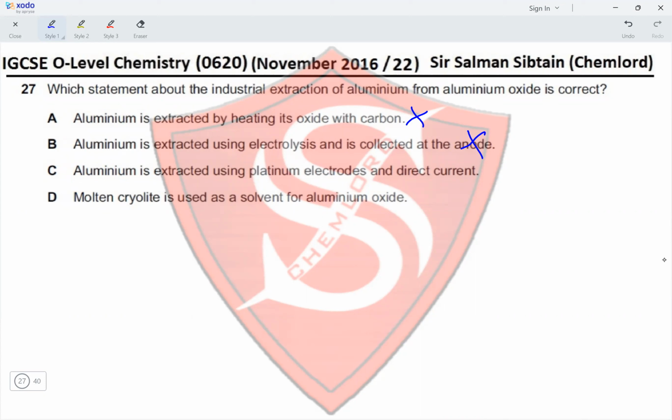Aluminum is extracted using platinum electrodes and direct current, using carbon electrodes. So the last one, molten cryolite is used as a solvent for aluminum oxide, yes, in order to decrease its melting point. Therefore, option D is the correct option for this question.